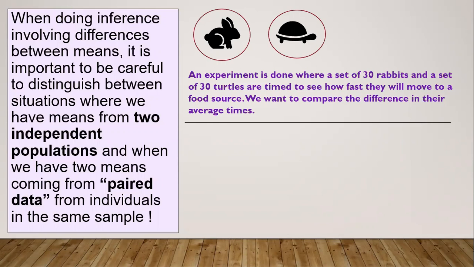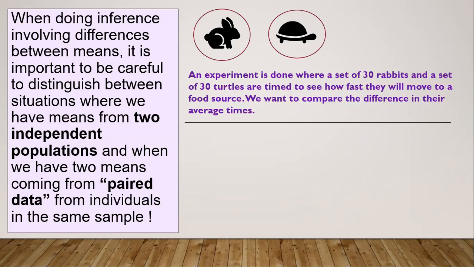In the first scenario, suppose that you're doing an experiment involving a sample of 30 rabbits and 30 turtles. And you're going to time each of these to see how fast they move to their food source. You decide that you want to compare the difference in the average times that the rabbits take to move to the food to the average time that the turtles take to move to the food.